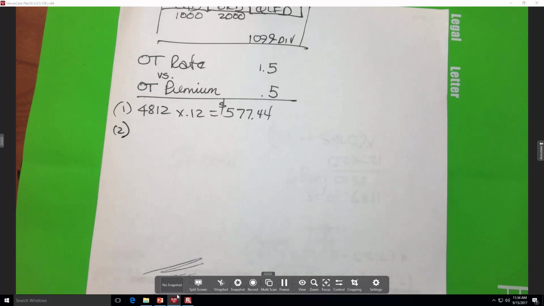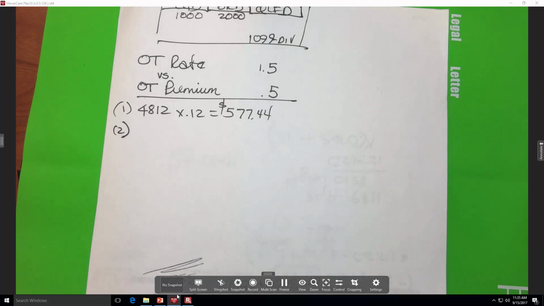This on step two is where students usually mess up. Step two says, tell me how much he makes per hour based upon that 577.44. What am I going to divide by? You've got to divide by the full 47.25 hours. So the next question is, does he make minimum wage?